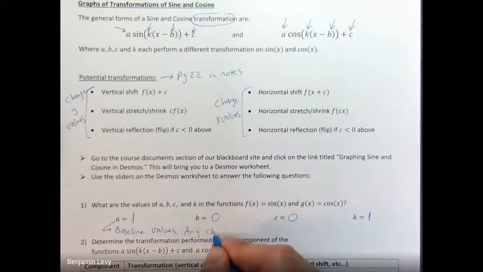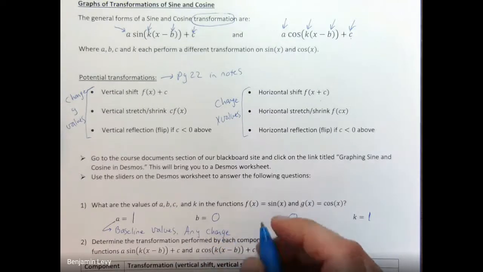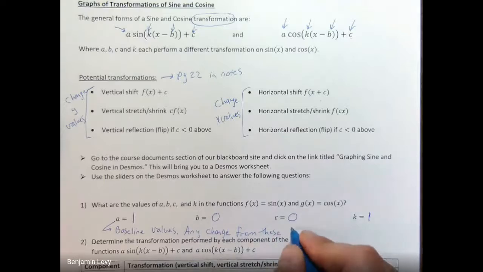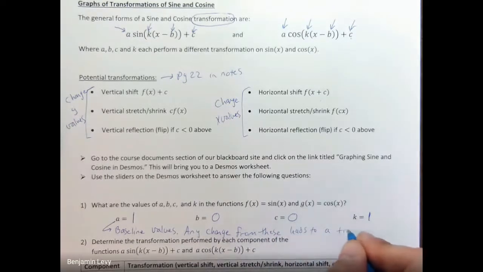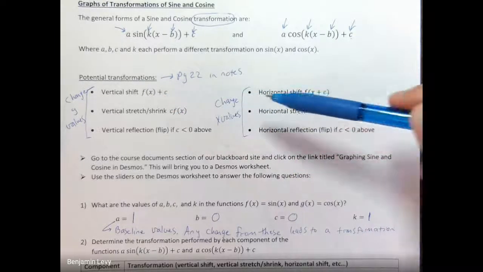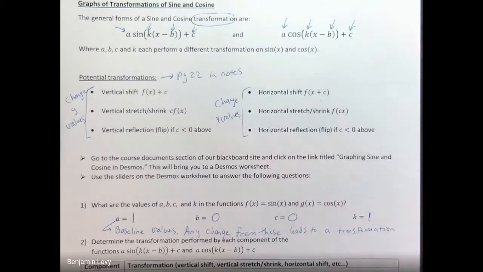And any change in these values will cause a transformation. And specifically, it leads to one of these transformations right here, the ones that we're already familiar with from the previous section.